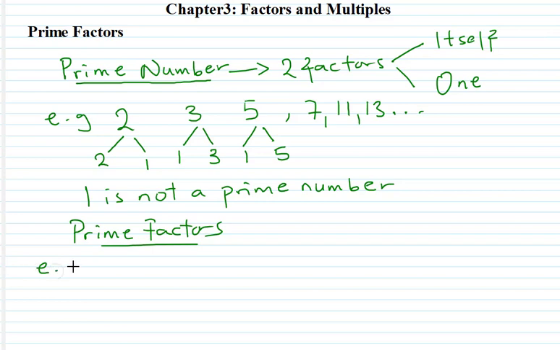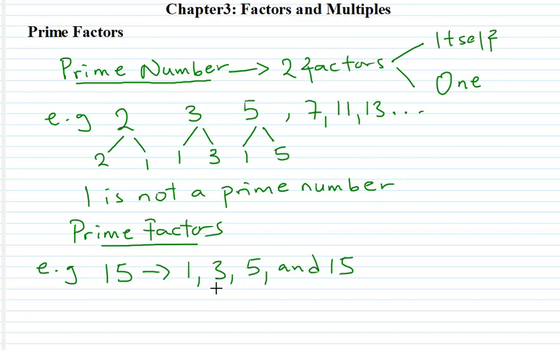For example, let's say we have 15. What are the factors of 15? The factors of 15 will be 1, 3, 5, and 15. So what are those factors of 15 that are prime?